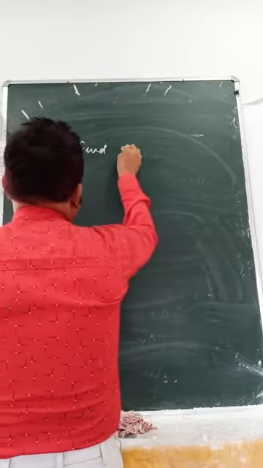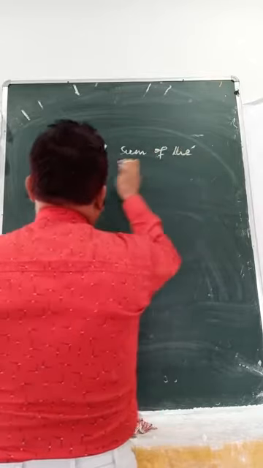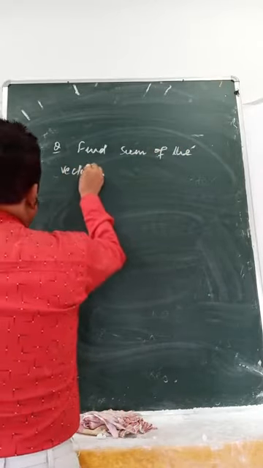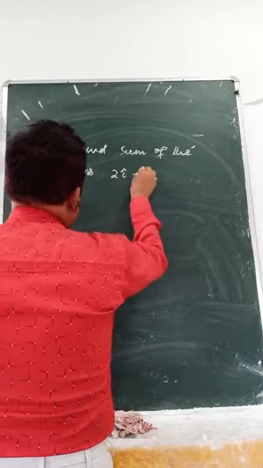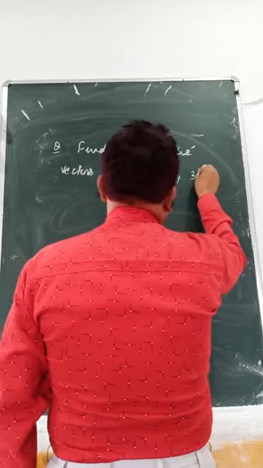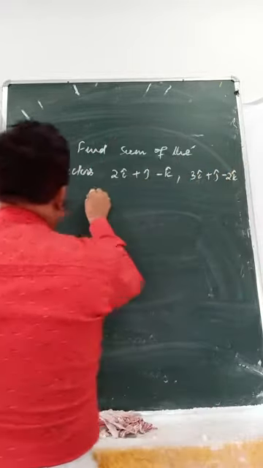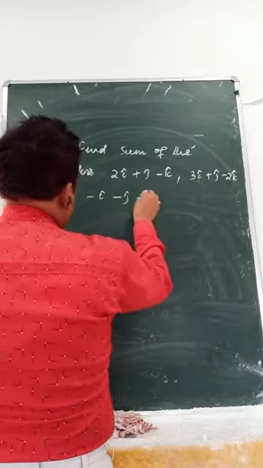Find the sum of the vectors 2i plus j minus k, 3i plus j minus 2k, and minus i minus j plus 4k.